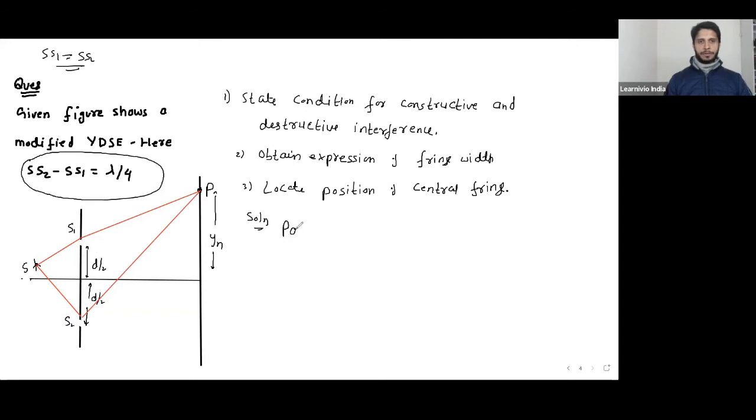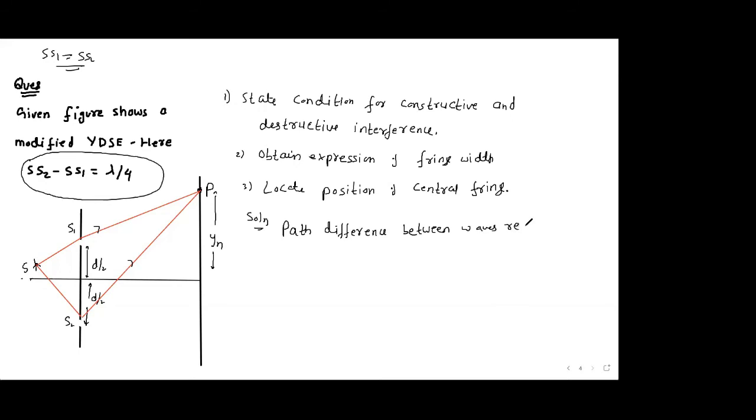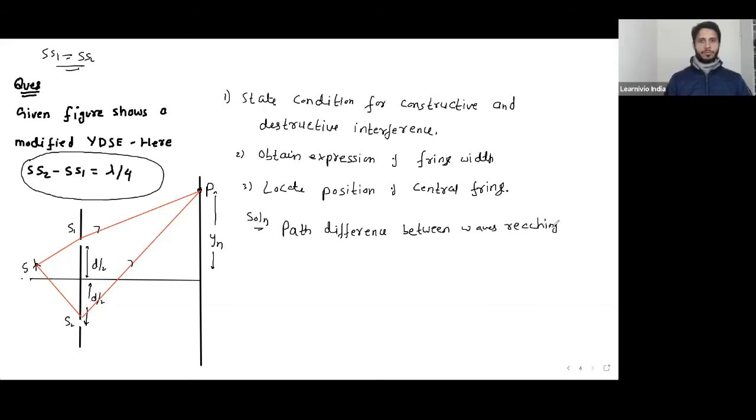So the path difference, can you guess the path difference between waves reaching point P from S through S2 and S1? One wave is traveling in this way, another wave is traveling in this way. I need the path difference.